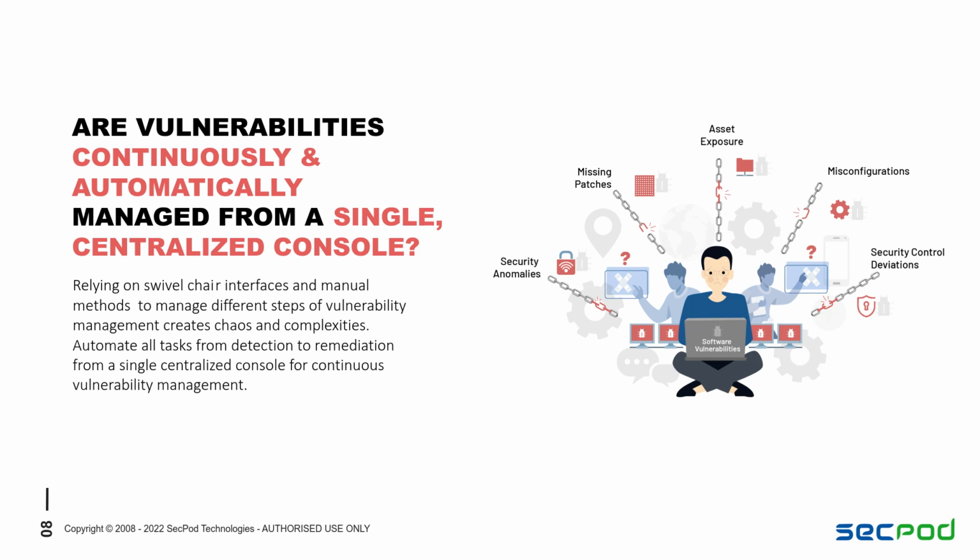And third, and the most important one, is why is it not continuous and automated? Why won't we be able to make this discovery process into a day-to-day activity and also the remediation into a day-to-day activity? It is essential that we make it into a continuous process because newer vulnerabilities are being discovered every day. And the IT environment is also changing every day.